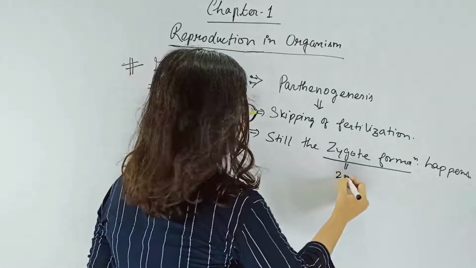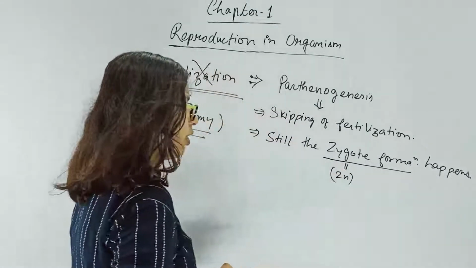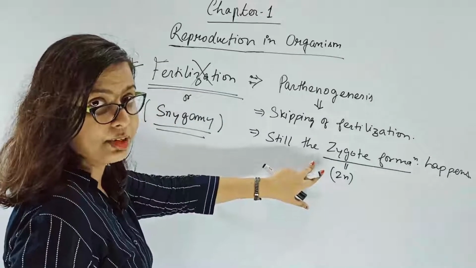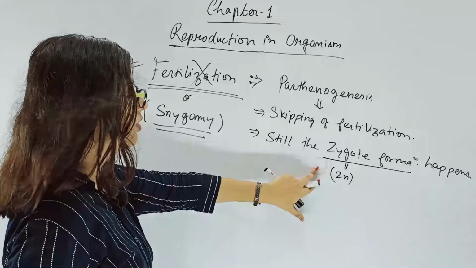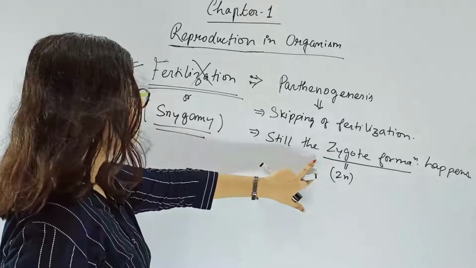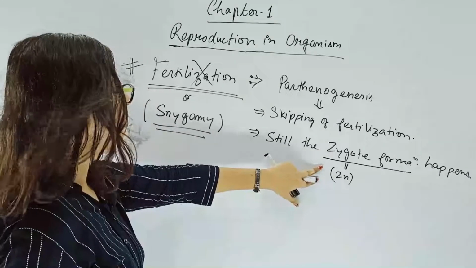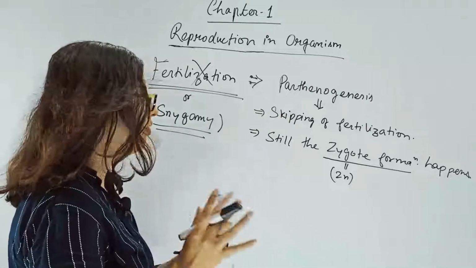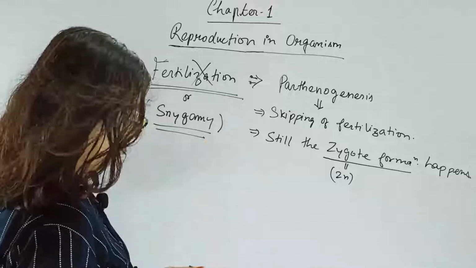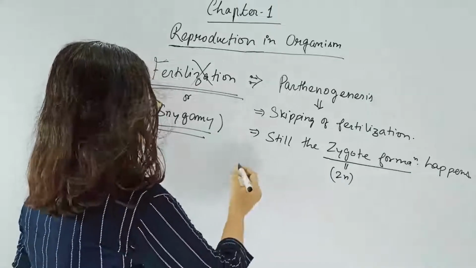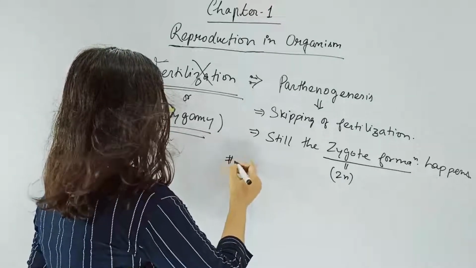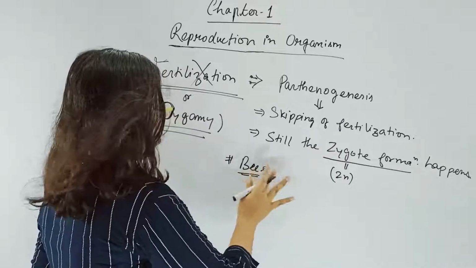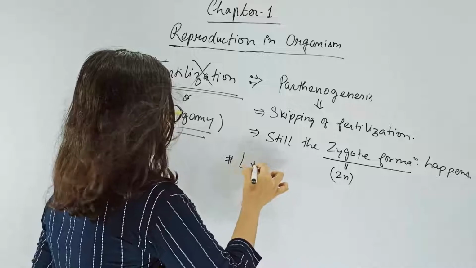So how does the zygote form? You have understood that it is 2n. In case of a diploid organism, the zygote is 2n. So how will it form with just one organism? There is no need of fusion of two gametes. Let us take an example of the bees, or the lizard.